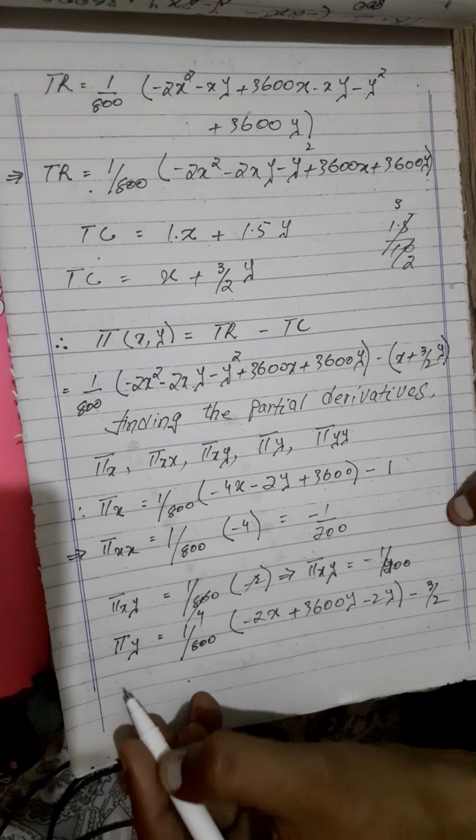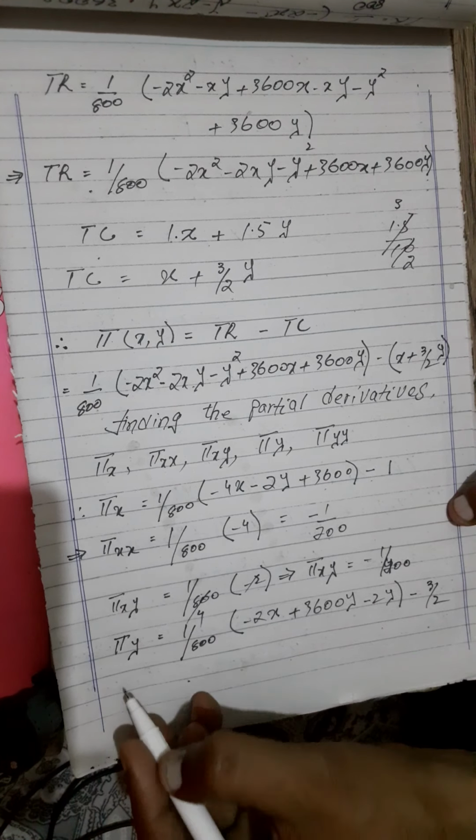Now we will find the critical values. For critical values, put partial x and partial y equal to 0.